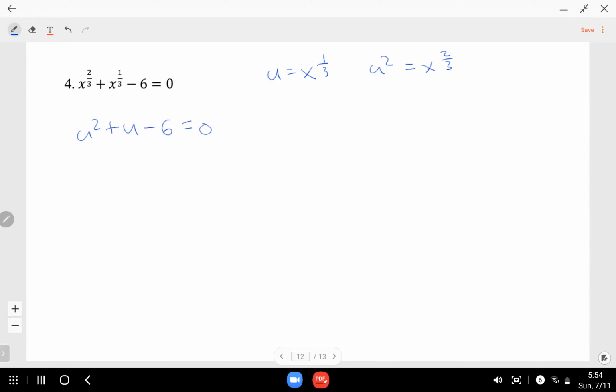So basically what we did here, we just substituted the x to the 2/3 power for u, since we can't really do anything with that.